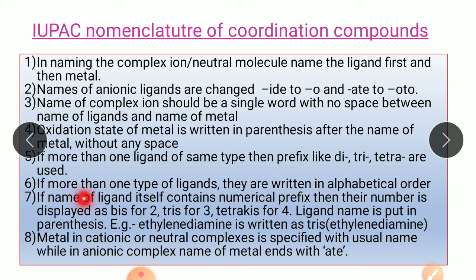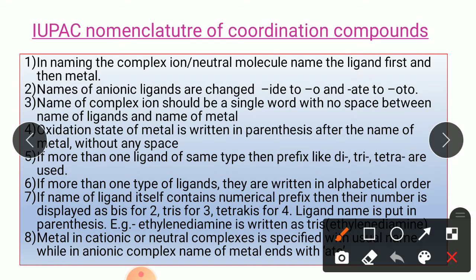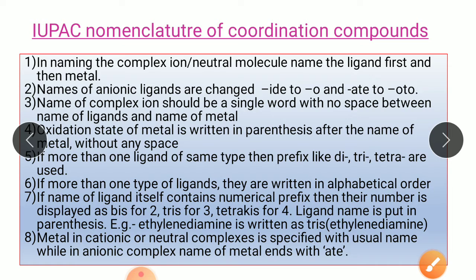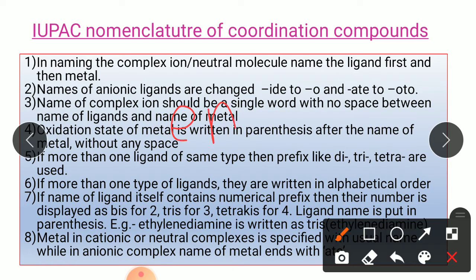The seventh point is that if the name of the ligand itself contains a numerical prefix, then their number is displayed as bis for 2, tris for 3, tetrakis for 4, and the ligand name is put in parenthesis. For example, ethylene diamine. The name of this ligand itself has di in its name. Ethylene diamine is written in short form as en.